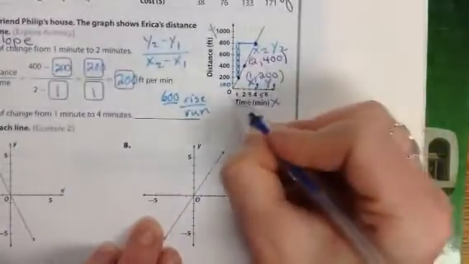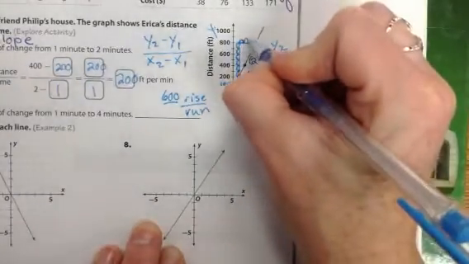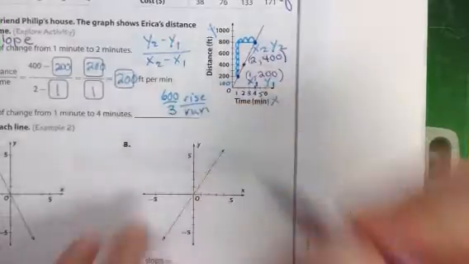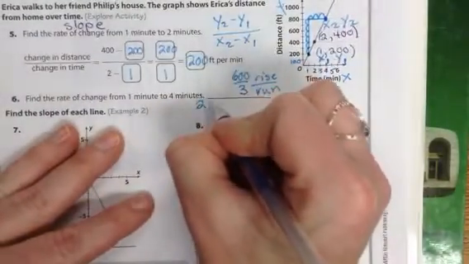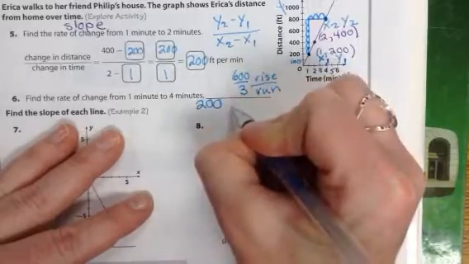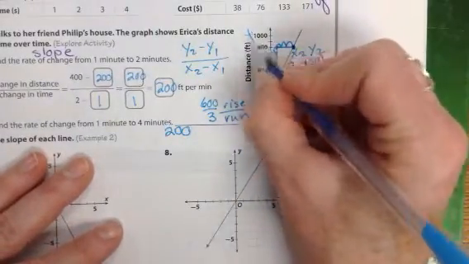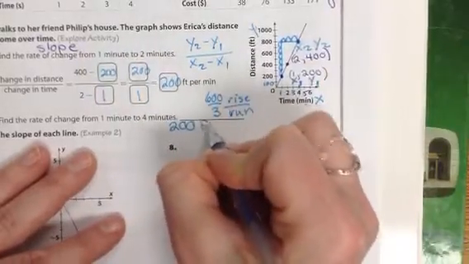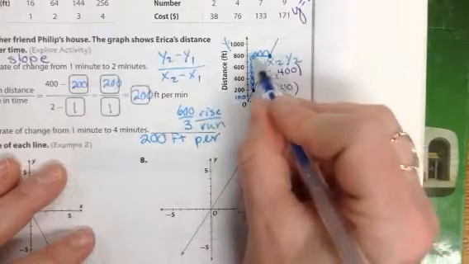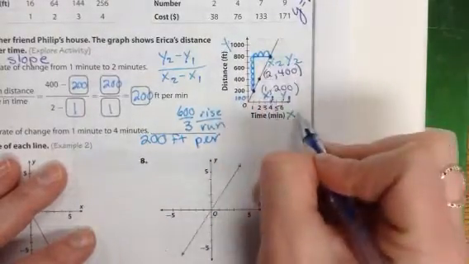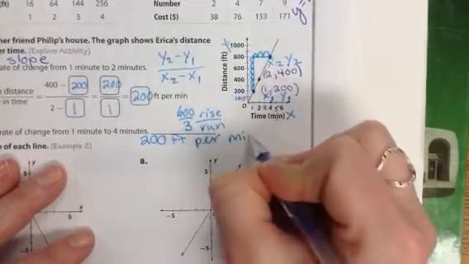Now for my run, we can count normal because their x-axis was just by 1s. 600 divided by 3 is 200, and you label it again. Since we got the rise number, I get the y meaning, so feet per, and then I did my run last, so I go get that x-axis meaning where it says minutes.